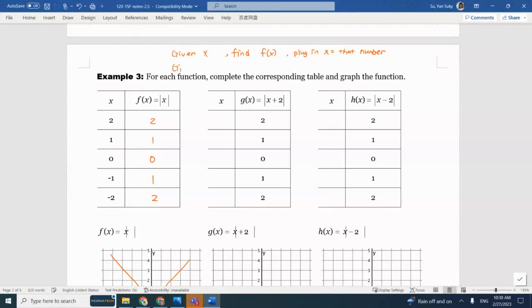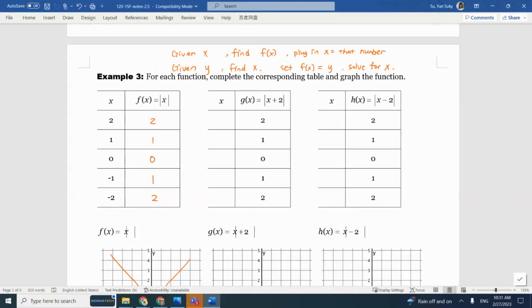But here we are given the y value and we want to find the x value. So you set f of x equal to that y number and solve for x. So this process is harder.